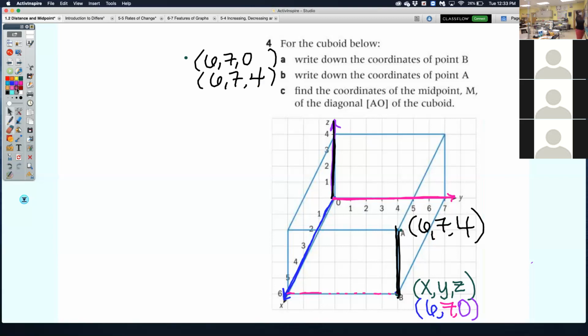So then we're asked to find the midpoint of M, which is on the diagonal from A to O. O represents the origin. What are the coordinates of the origin? That's in 2-dimensional space.